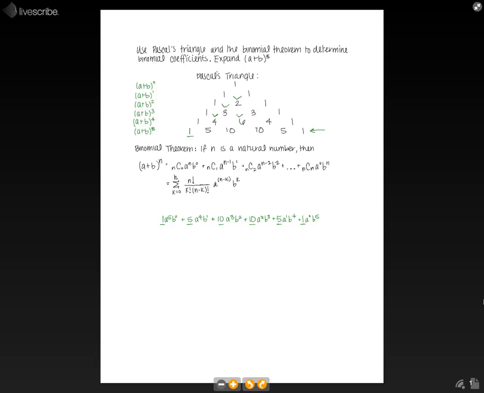Alright, so now we're going to write the same binomial using the binomial theorem. So we start out with n equals 5 and k equals 0.